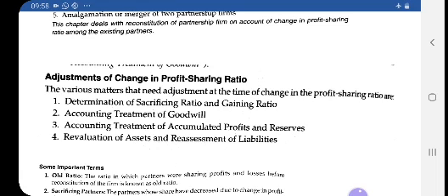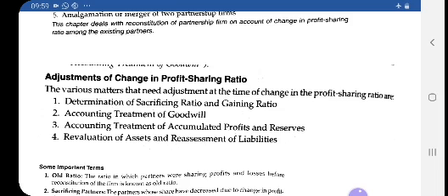Then what will you do next? This 25,000 you divide in the proportion that you already calculated while calculating sacrificing and gaining in the first step, and then with that amount you pass the entry. What will be the entry? Again, the gaining partner's capital account is debited with the proportionate amount to the sacrificing partner's capital account with that proportionate amount.